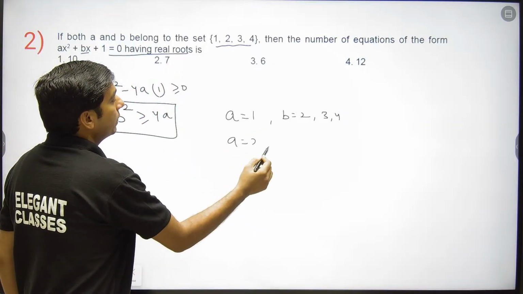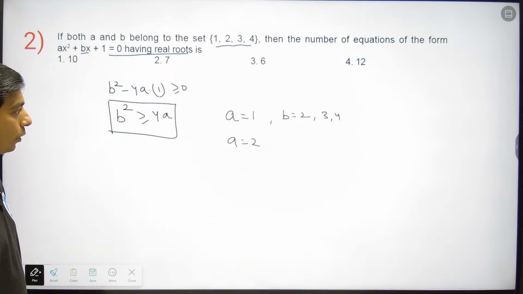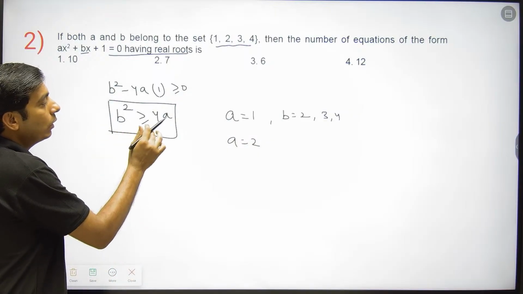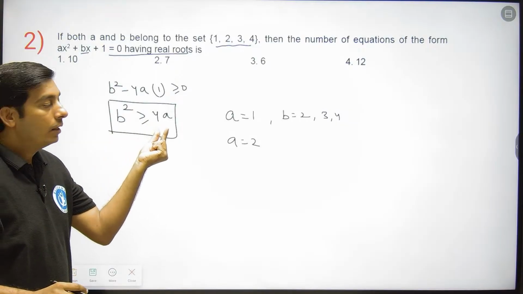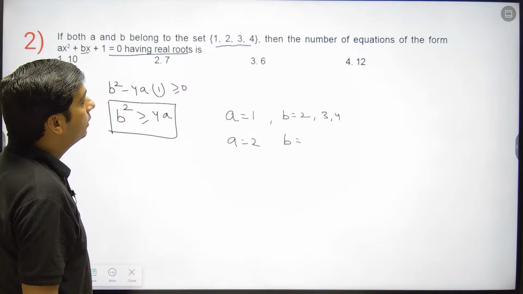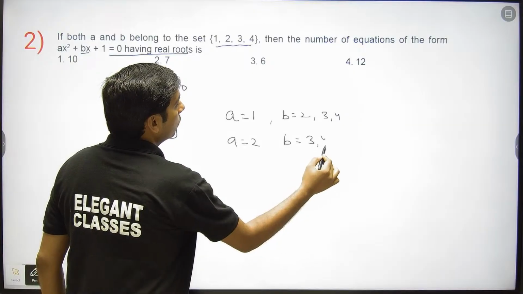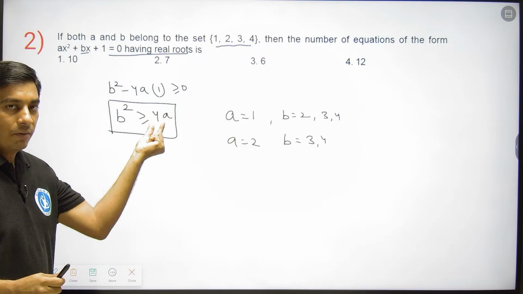If a becomes 2, then b square is greater than or equal to 8. So b can take the value 3 or 4. If a becomes 2, the right hand side becomes 8.